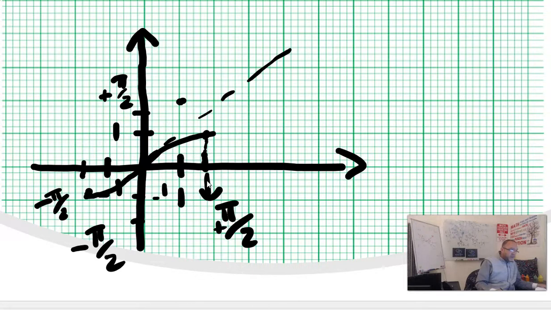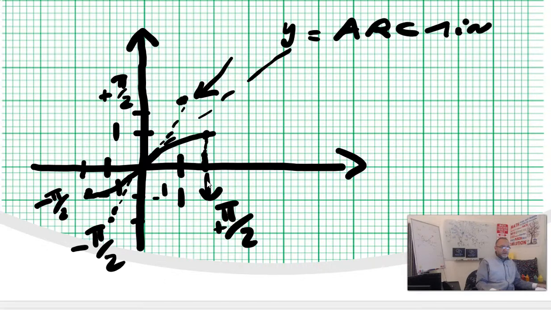And it has to be 1 right here at the x-axis. So I go like this, and the restriction goes all the way to minus pi over 2 and minus 1 right here. So this is my arc sine. Y equals arc sine of x, of any x. But I had to restrict it because it's the same pattern.